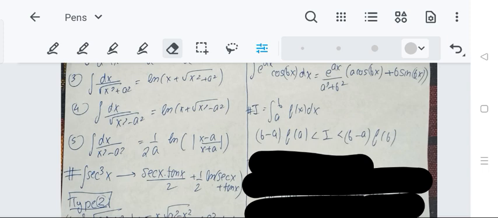In one book I found this expression, but this is for definite integration, not for indefinite integration.